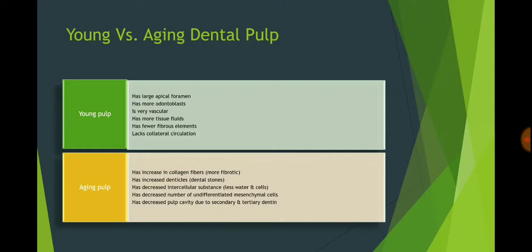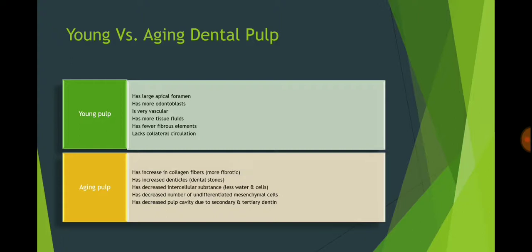The pulp cavity is decreased because of the deposition of secondary and tertiary dentin, meaning these teeth have been traumatized. There are people who are bruxers, eat very hard foods, or are exposed to caries. So these teeth and these pulps have been trying to protect themselves, so they deposit more secondary and tertiary dentin.